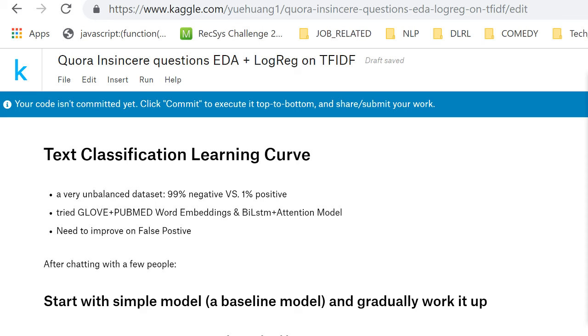And then the third point I decided to improve the baseline model is to add more engineered features. So I guess by adding more engineered features that can augment the existing features, we can better distinguish the decision boundaries between different classes.